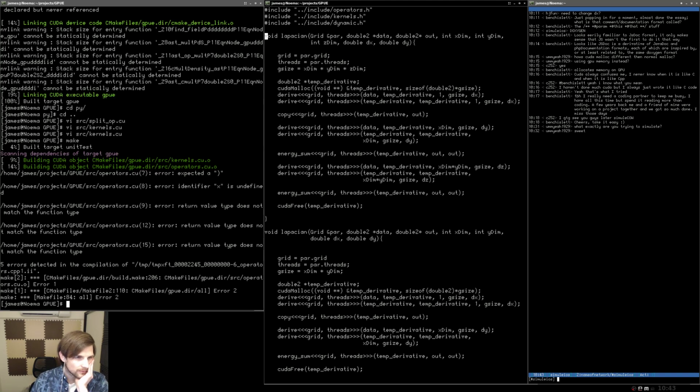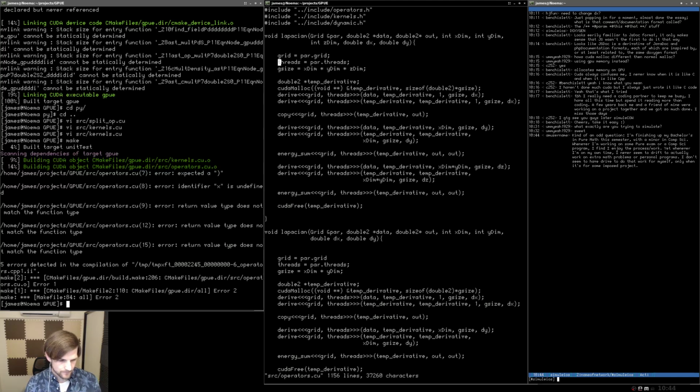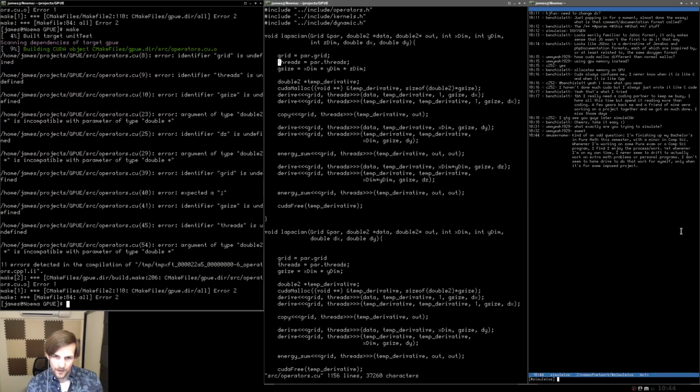What is your problem? Void Laplacian. Let's go to 8. Return value type does not match the function type. What? 9? What do you mean? Oh, I'm in the wrong file. Of course I'm in the wrong file. No, I'm in the right file. This is operators. Make.